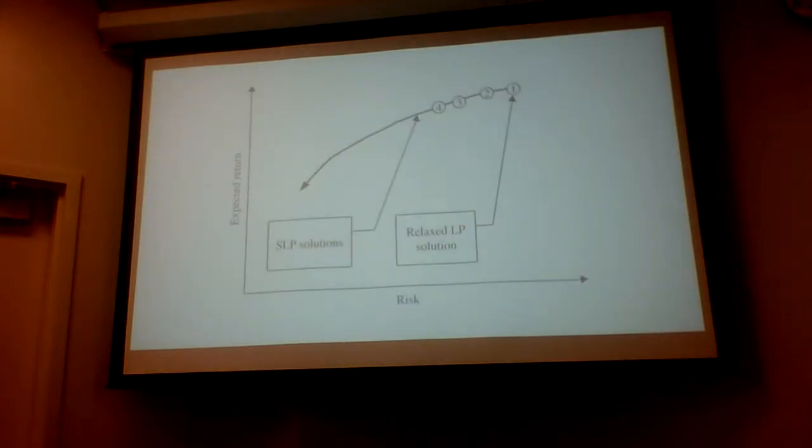The SLP algorithm constructs the efficient frontier with a sequence of portfolios starting with the portfolio that yields the highest possible return, and then produces portfolios on the efficient frontier with decreasing risk and return values: 2, 3, 4.